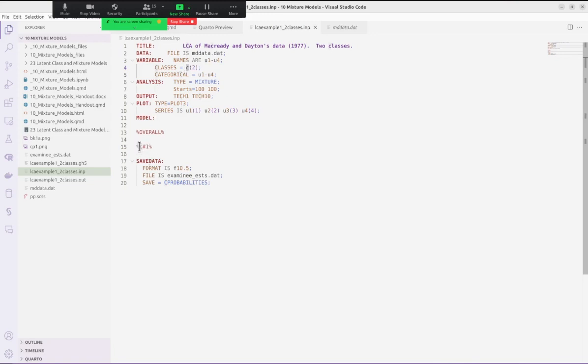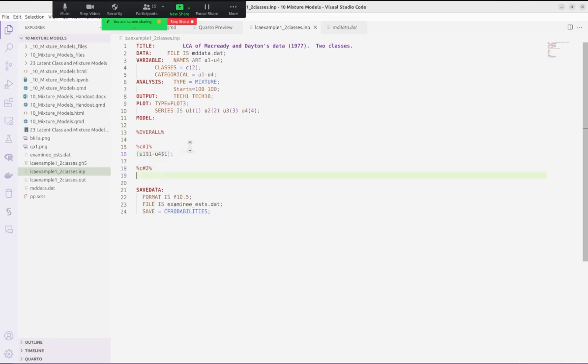And then #1 means it's the first value of the class right there. Now here, what we could end up doing is listing all 4 of our items, but in our case, what we're estimating is just the item difficulty, or in M plus sense it estimates the item threshold parameter. So here we could actually put U1$1 to U4$1 in our syntax.